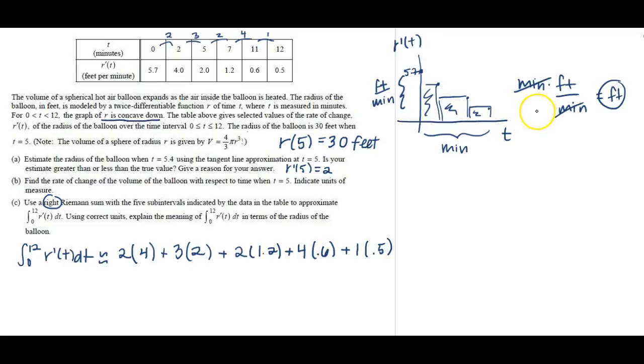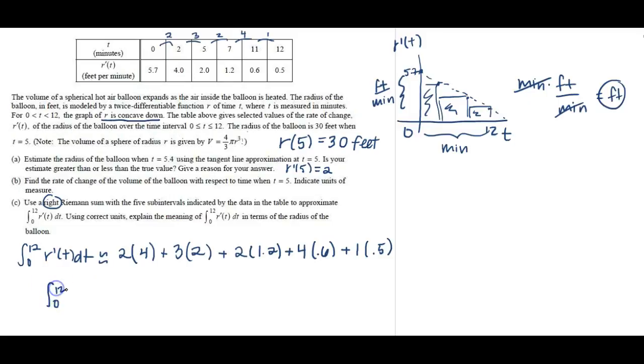So I'm doing this to give you a basis for understanding why our explanation is about to be what it is. So when I find area, which is again an integral from 0 to 12, under this particular curve, r prime of t, so this maybe was the actual curve, I'm finding area that represents feet. So what does this thing actually mean?